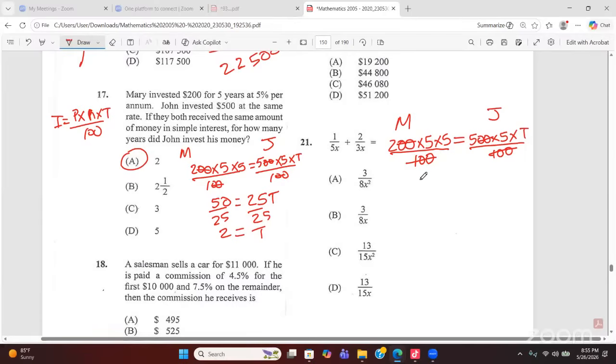That gives you 50, which is equal to 5 times 5 times t. That's 25t. You're solving for t. The question says, how many years? T. So you divide by 25, divide by 25, and you can see 2 is the answer to the question. So that's what we did.